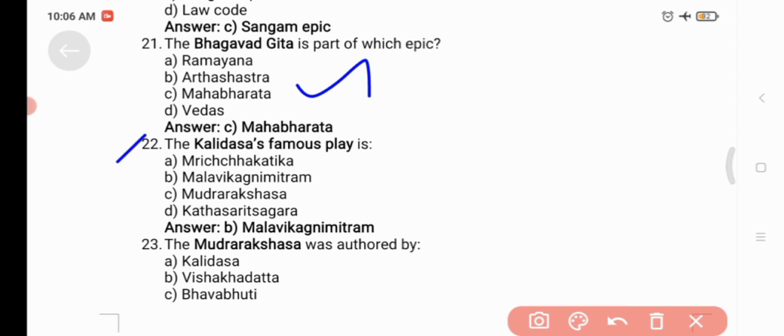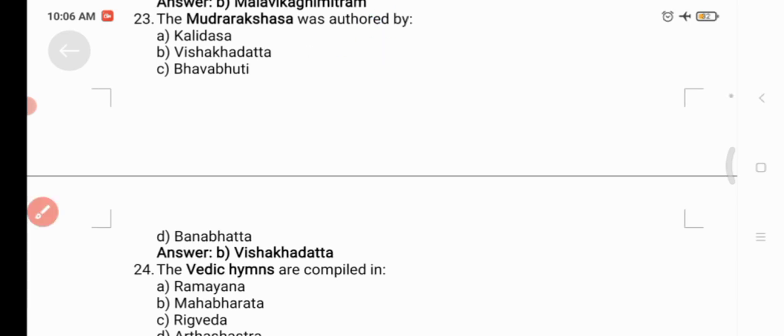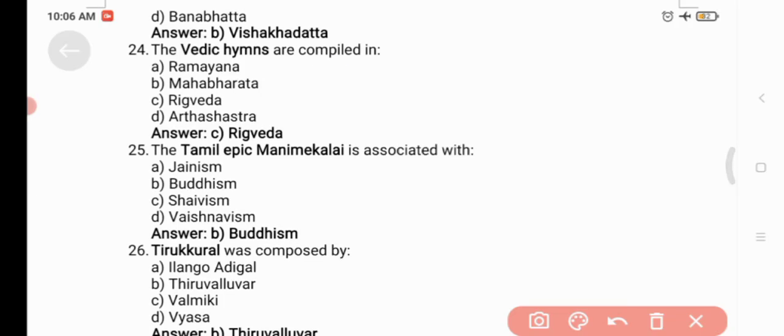Kalidasa's famous play is option B, Malavikagnimitram. The Mudrarakshasa was authored by option B, Vishakhadatta. The Vedic hymns are compiled in option C, Rigveda. The Tamil epic Manimekalai is associated with option B, Buddhism.